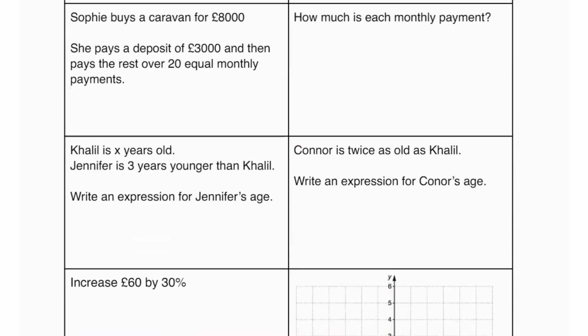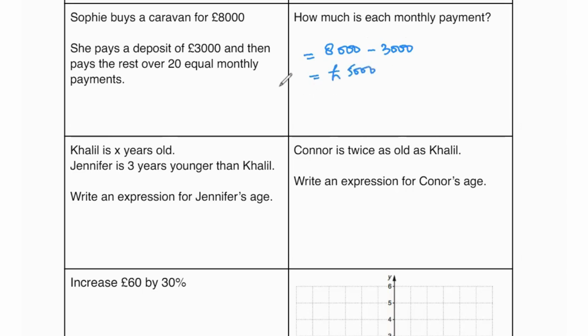Next question says that Sophie buys a caravan for 8,000 pounds. She pays a deposit of 3,000 pounds and then pays the rest over 20 equal monthly payments. How much is each monthly payment? So firstly, if she's paying a 3,000 deposit, if we subtract 3,000 from 8,000, that's going to give us 5,000.